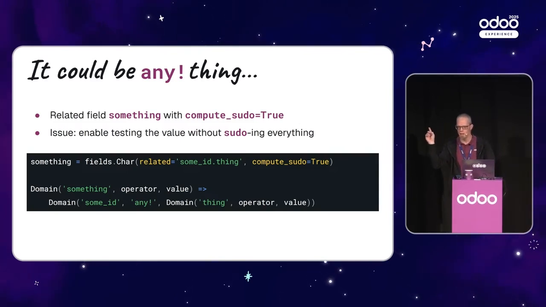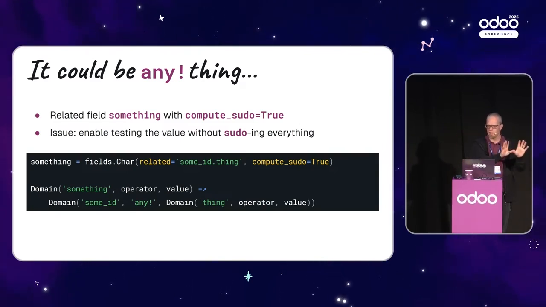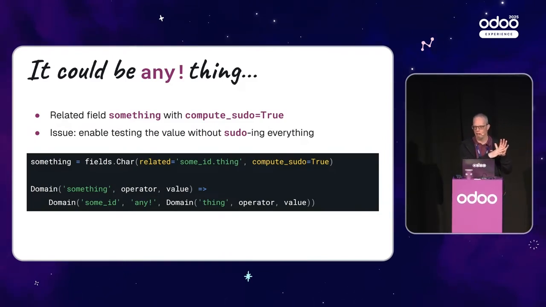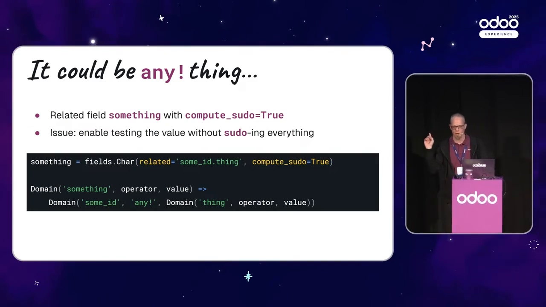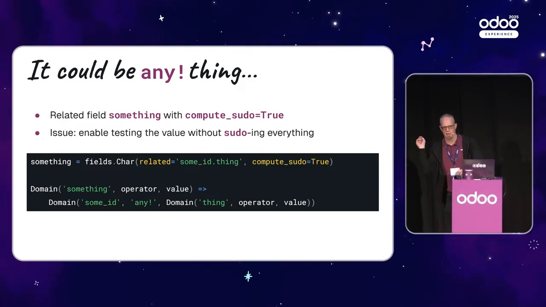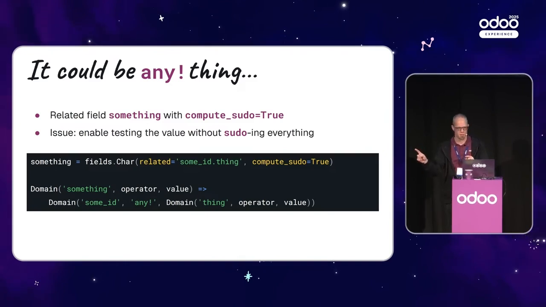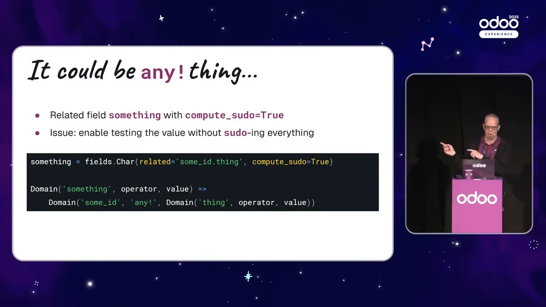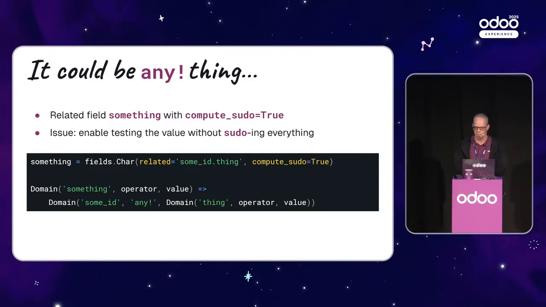This version simply doesn't add the access rights condition, so it enables you to bypass the access rights condition. Of course, this operator is only for internal use. You cannot use that via RPC, for instance, because that would be a way to leak data. So you cannot use it via RPC, but you can use it internally.